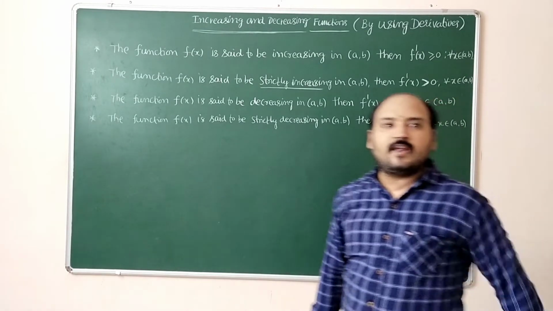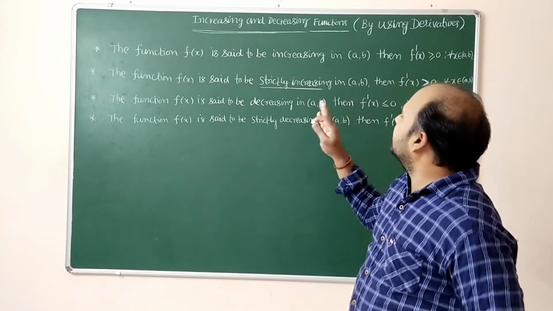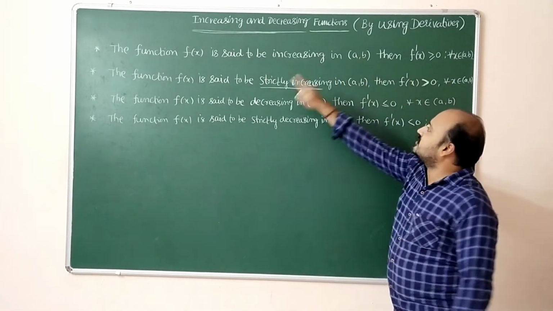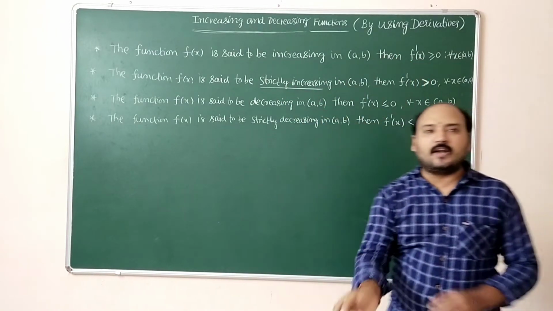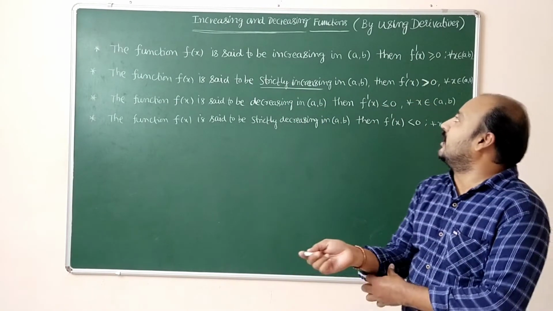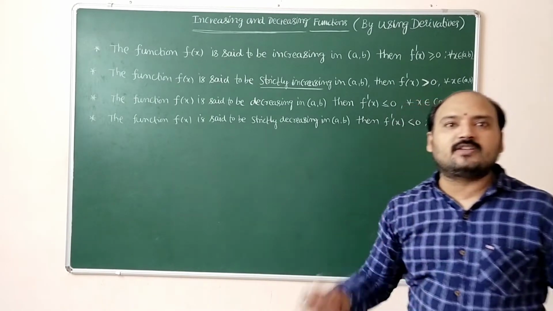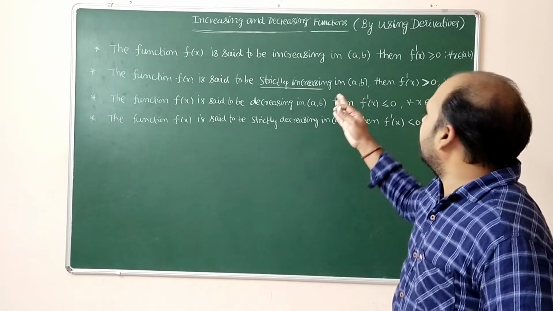These are the definitions regarding increasing decreasing functions by using the derivatives. We know that f of x is a function, f dash of x is greater than 0 means increasing. F dash of x means it is a derivative of the function. We will take one example regarding increasing and decreasing.